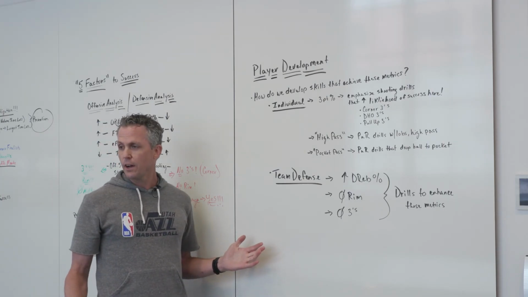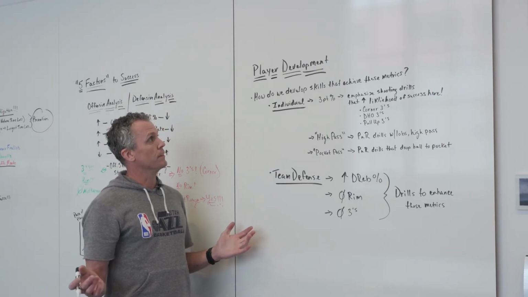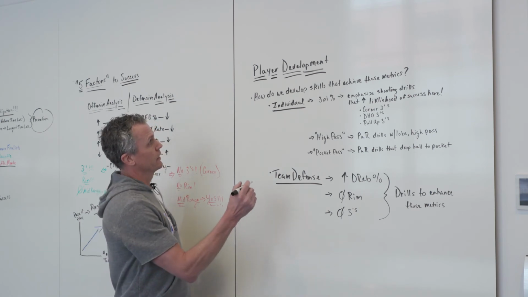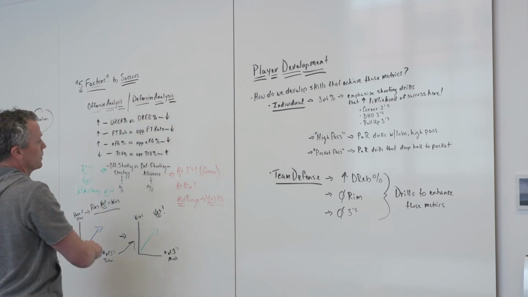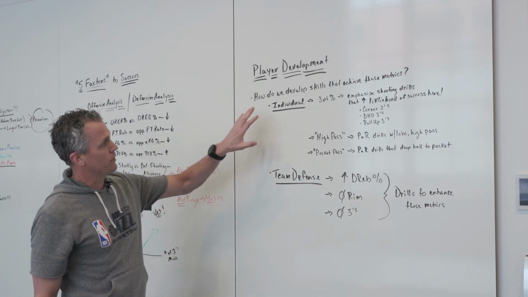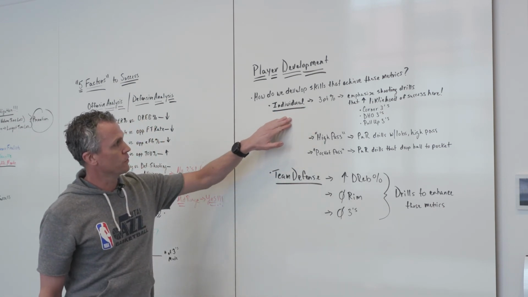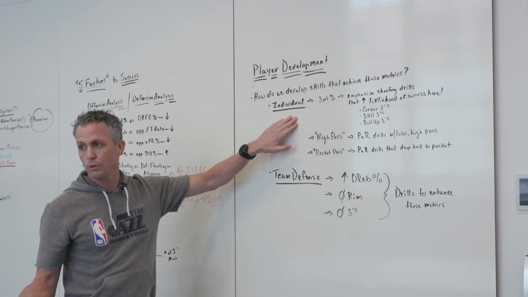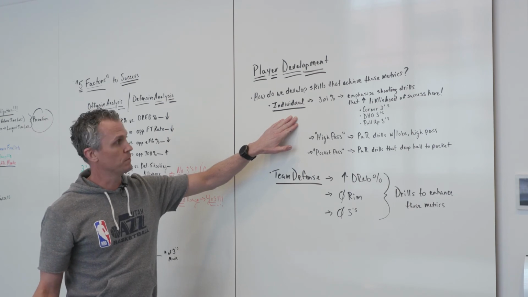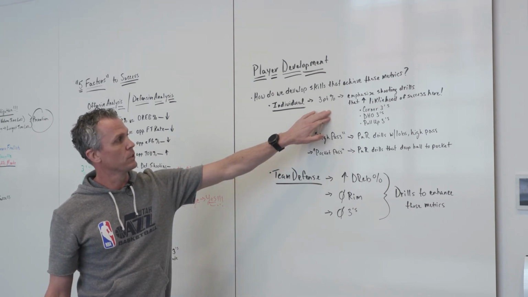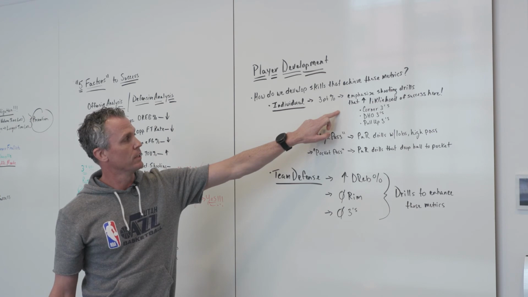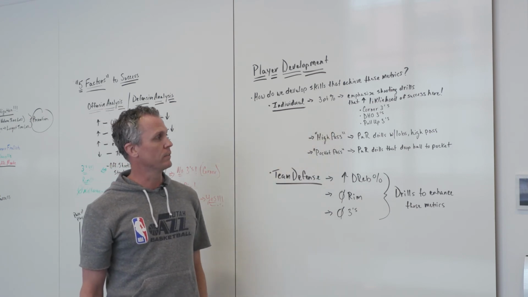So the next thing is, how do we achieve the kind of skills that lead to these metrics? How do we develop those skills? Individually, we want to increase our shooting ability, our shooting effectiveness, particularly from the three-point line. So we have to emphasize shooting drills that increase the likelihood of success.